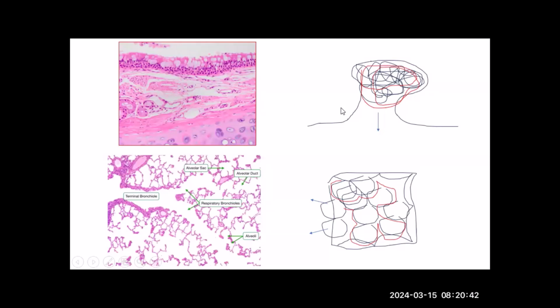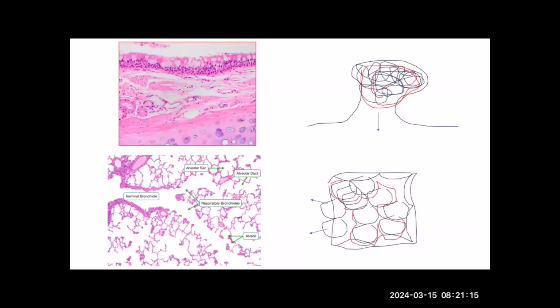When the bronchial mucosa gets irritated by, let's say, carcinogens in nicotine and other things, it starts proliferating, and the cells proliferate inside an outpouching, and the cells do not yet cross the basement membrane.